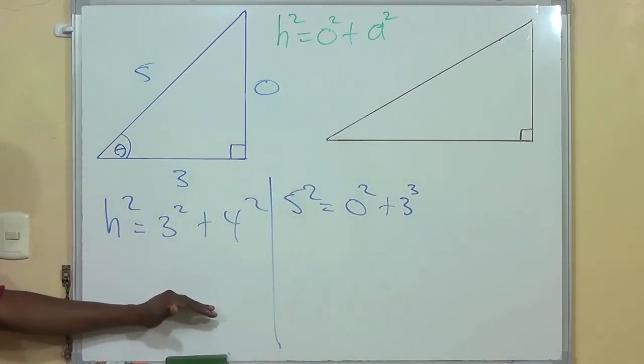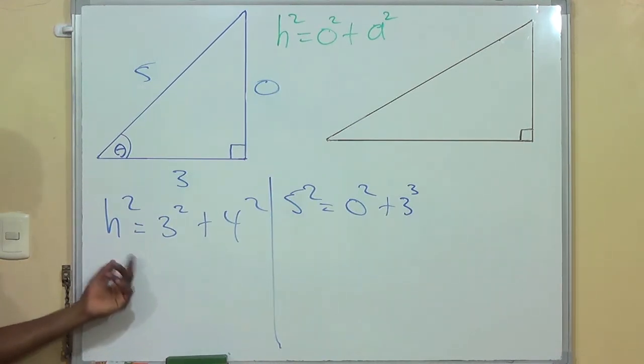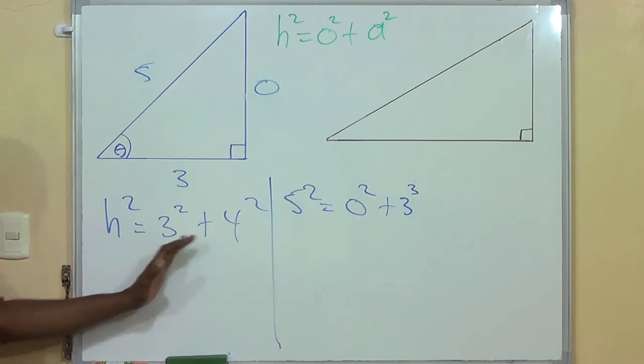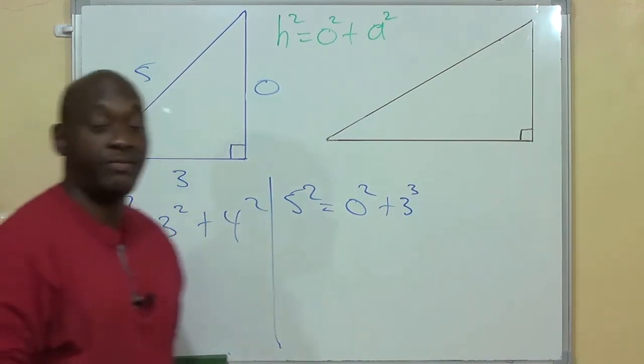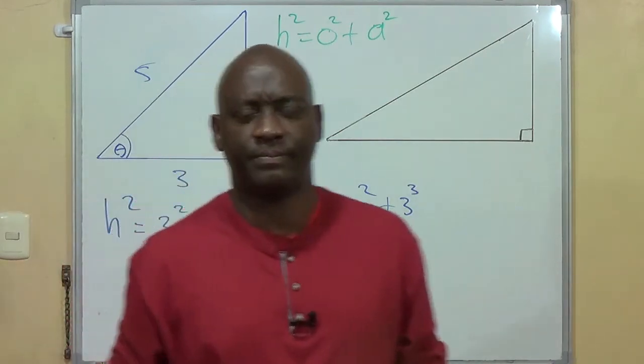Over here, you don't have to deal with anything moving across. This is just a straightforward h squared equals 9 plus 16, and if h squared is 25, then h is the square root of 25, which is 5. No problem at all.